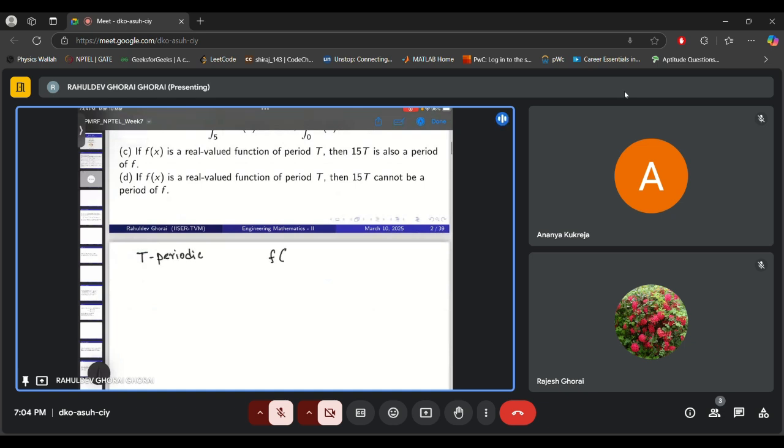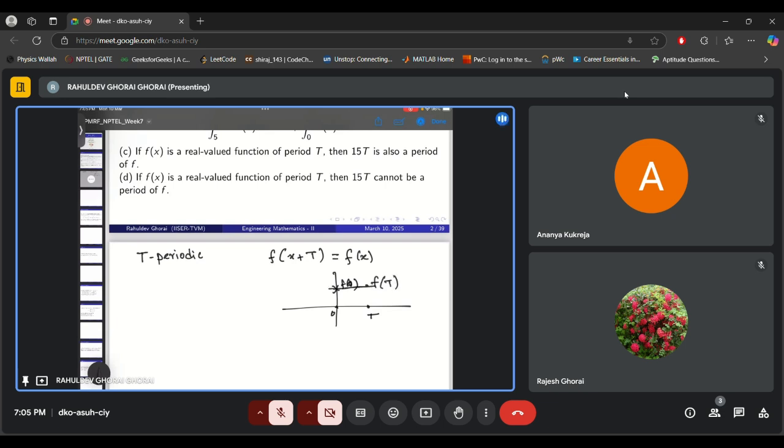So a function, if you add T, this will again be f(x). I mean, let's say there is a point 0 and a point T. At point 0, whatever value, let's say f(0), then at T also it will be f(T).